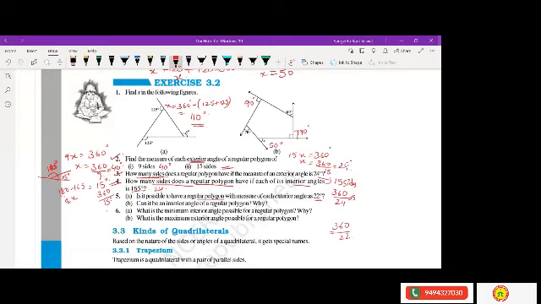Can we get an integer if we divide 360 by 22? It's a regular polygon, so you must get some integer value, only then it's valid.